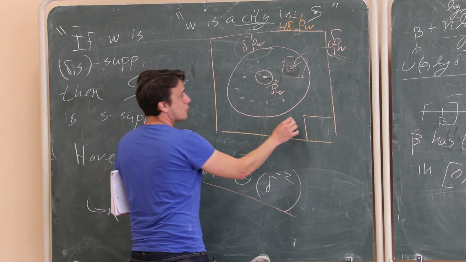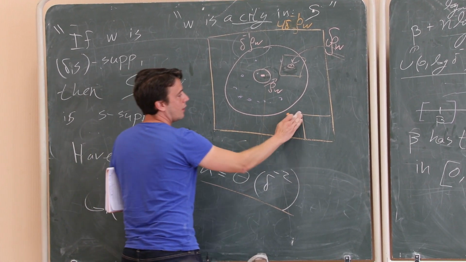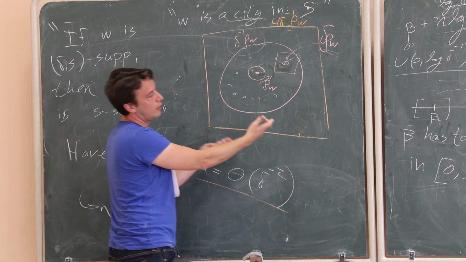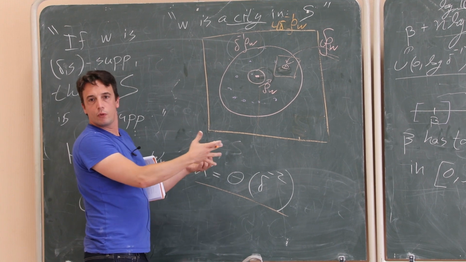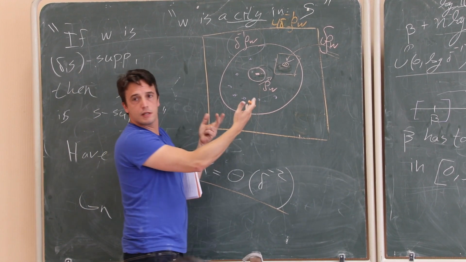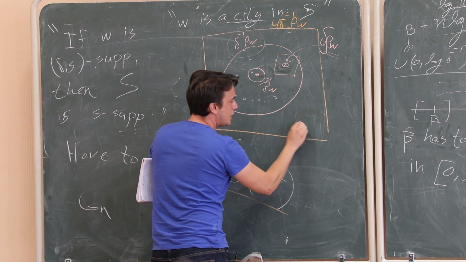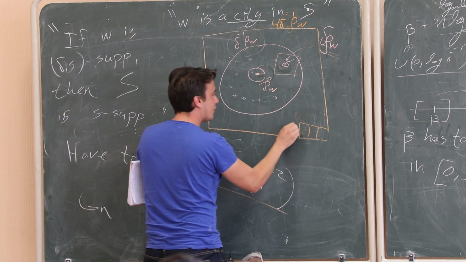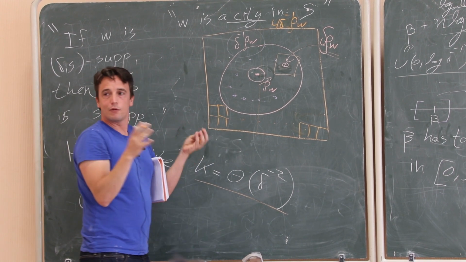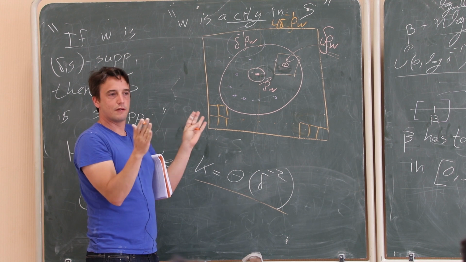Remember that we had a bunch of much smaller squares before we chose at random the big square. We had teeny weeny squares here. Not teeny weeny, but a lot of them. And the scale is exactly delta to the minus 2.